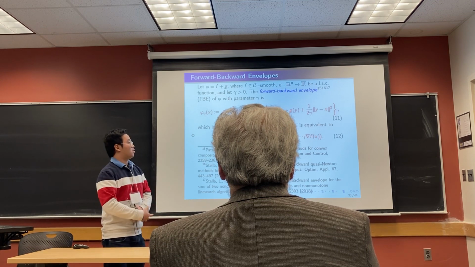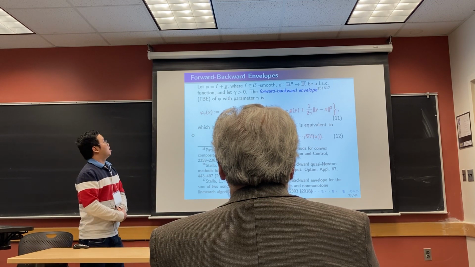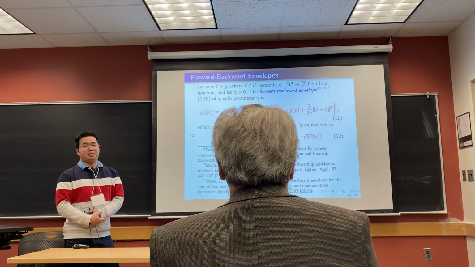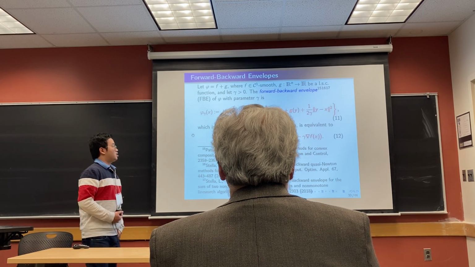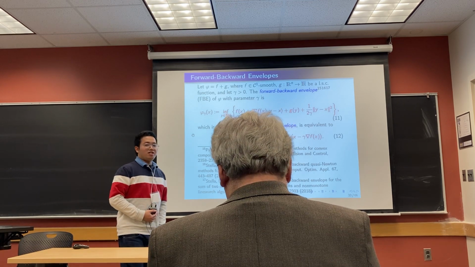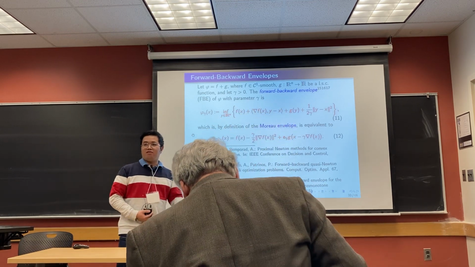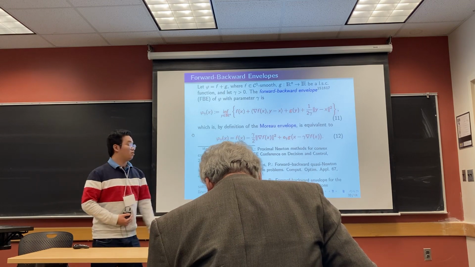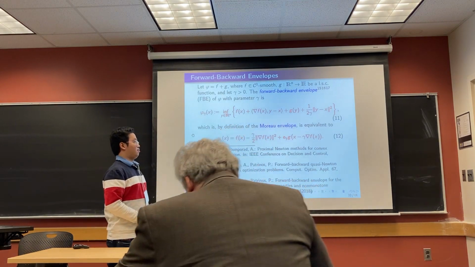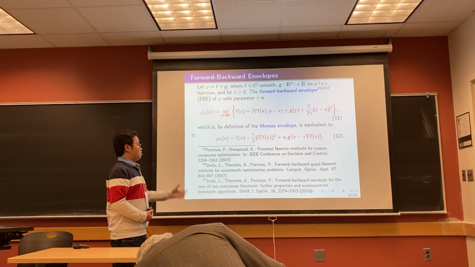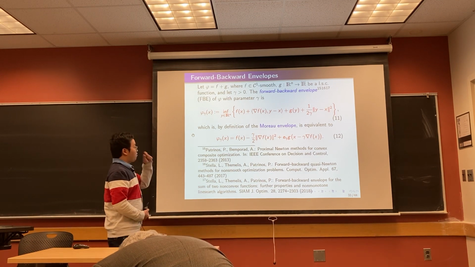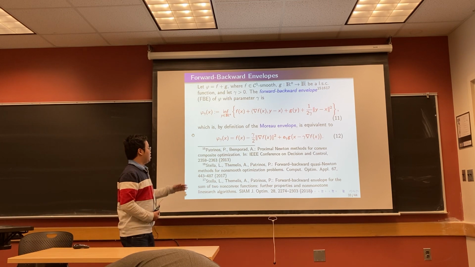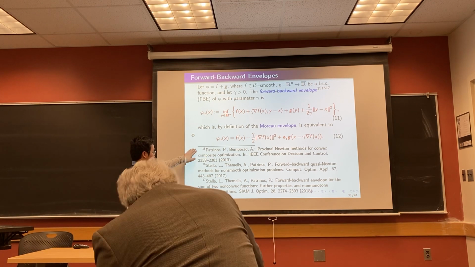To proceed to get the convergence, we need to use the forward-backward envelope for this kind of problem. Here is the definition. You can see that when the function f is 0, the forward-backward envelope reduces to the Moreau envelope. It is a generalization of the Moreau envelope, and you can find more about this property in the paper of these authors.